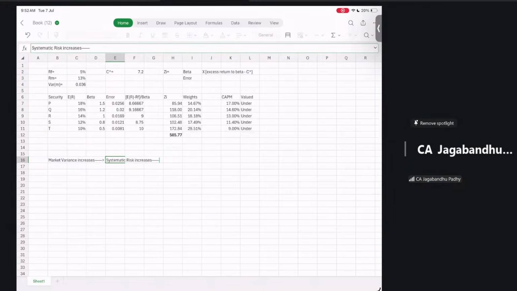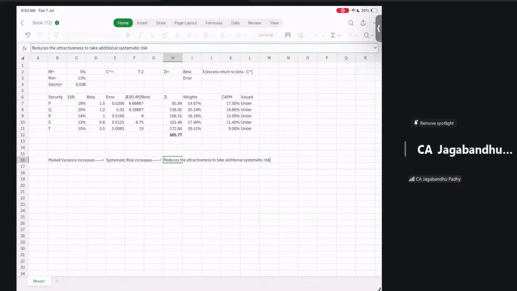And due to that, it reduces the attractiveness to take additional systematic risk, because already your market is having a good amount of higher systematic risk.